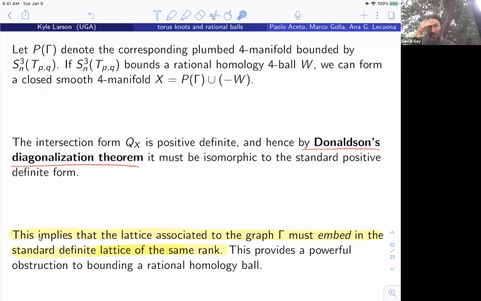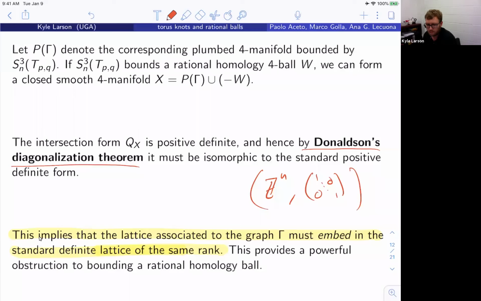Just let me ask, thinking about lattices again. Is it correct to say that the standard positive definite form is basically just Z^n, the standard lattice in R^n, where the inner product of two vectors is the Euclidean inner product, when they happen to be integer-valued vectors?